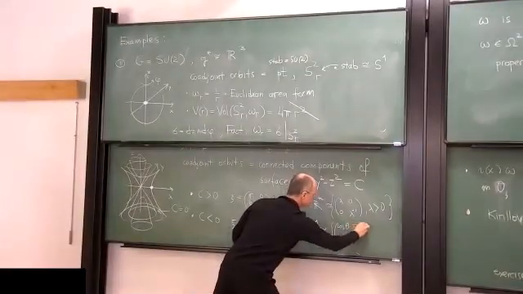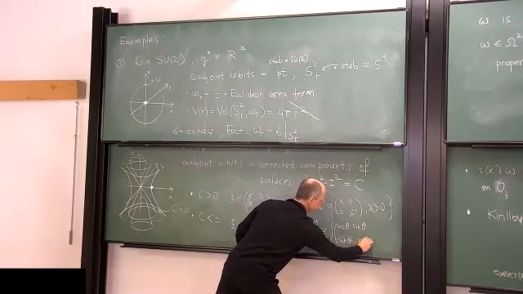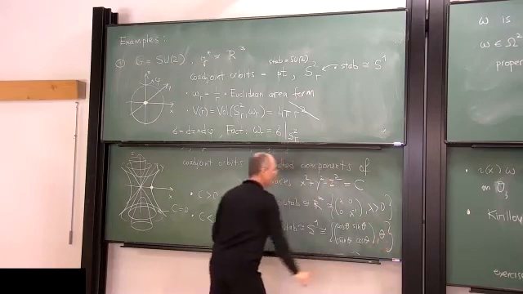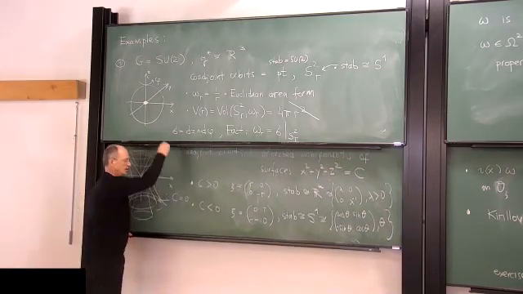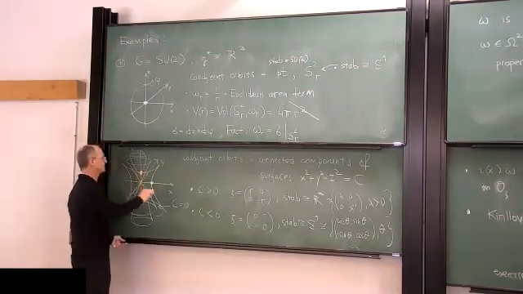And this S1 is the group of rotations by theta, the circle. So that we can picture, for instance, somewhere here.